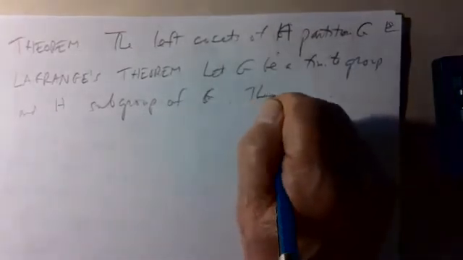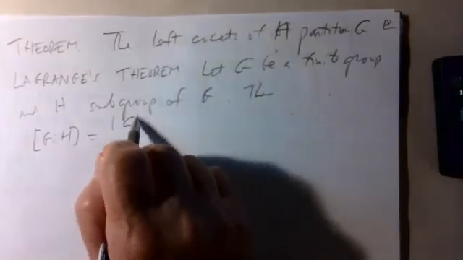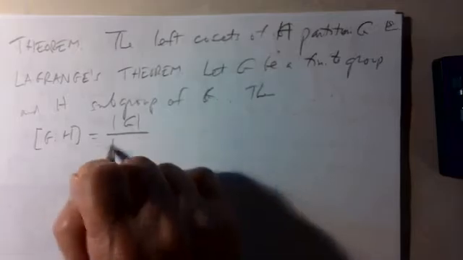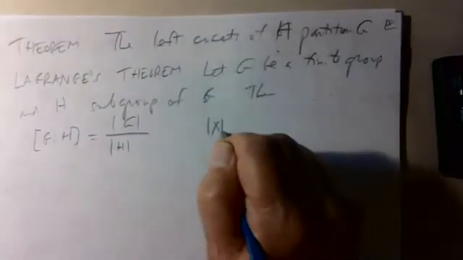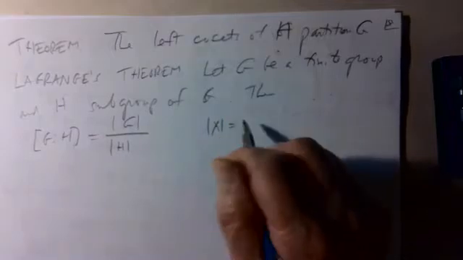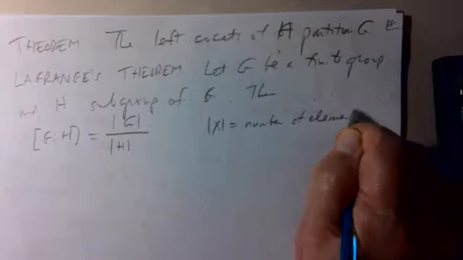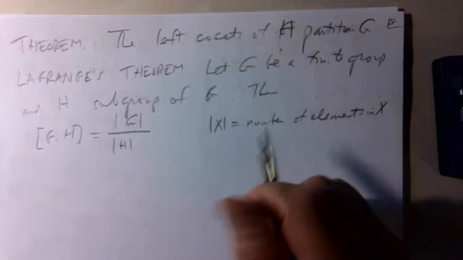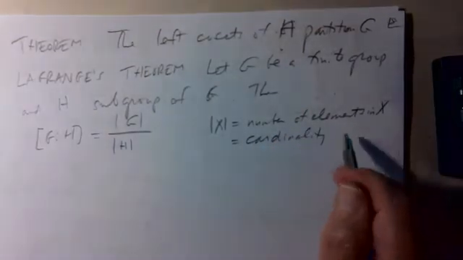Then the index of H in G, as the number of left cosets, is in fact the number of elements, the order of G, divided by the order of H. And I remind you that for any set X, when you put absolute value signs around it, this means the number of elements in X, or the cardinality of X. Cardinality is just a mathematical word for number of elements.